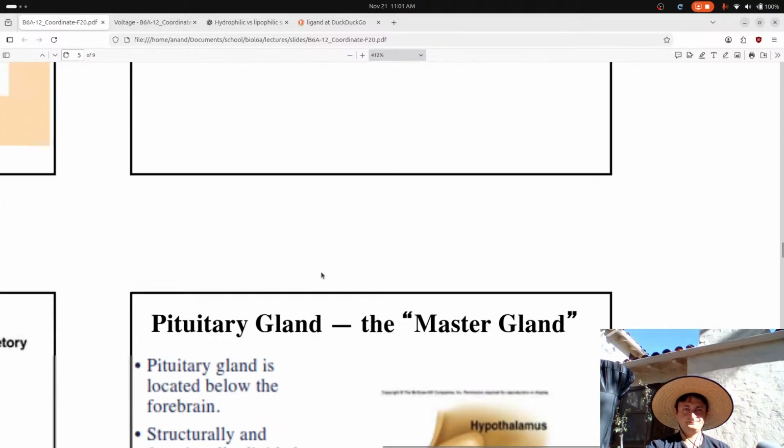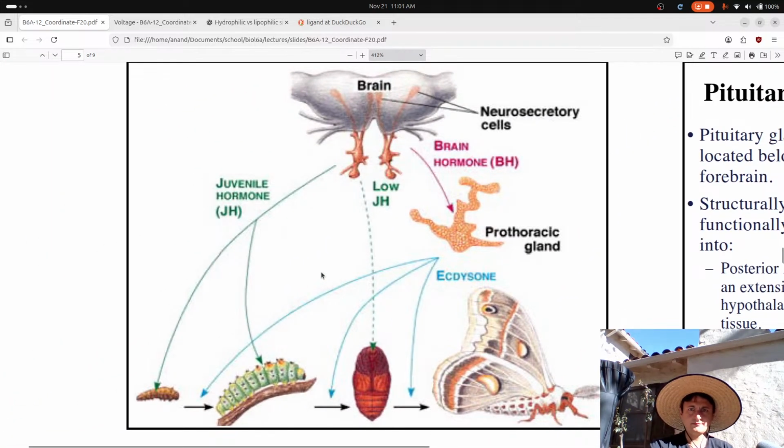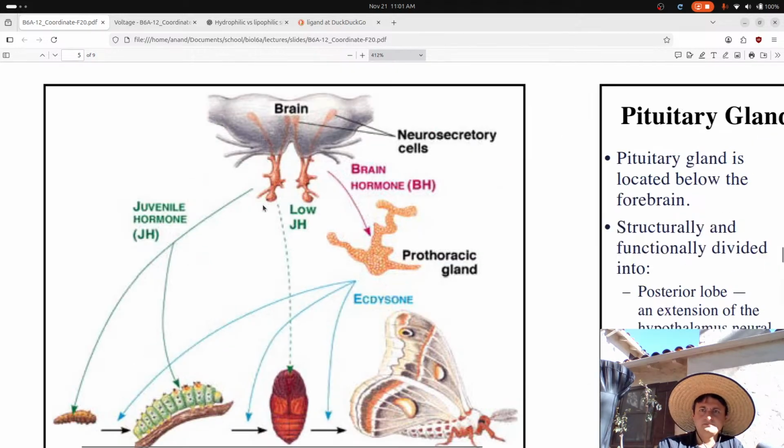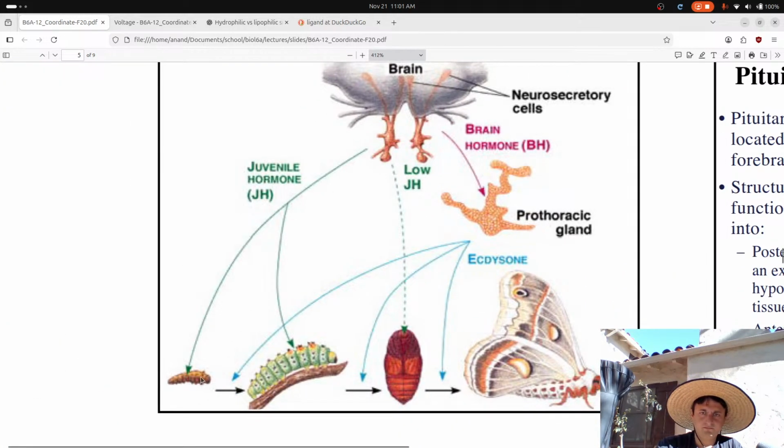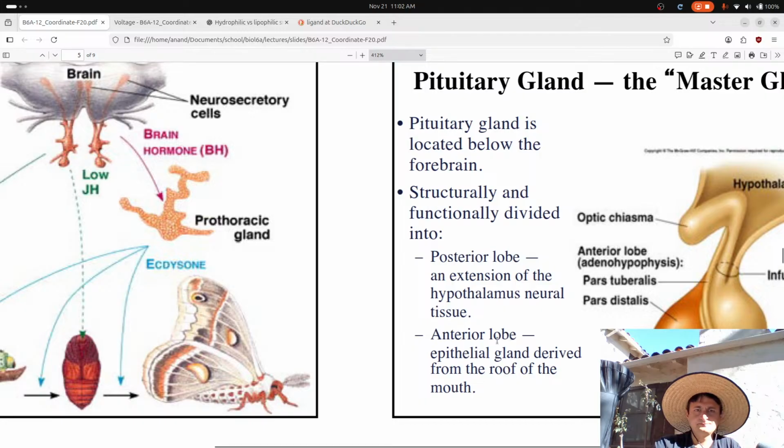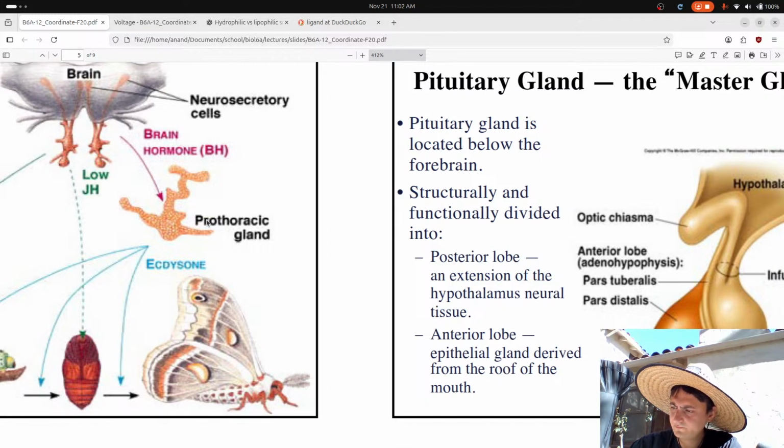All right. Prothoracic gland. Prothoracic gland.